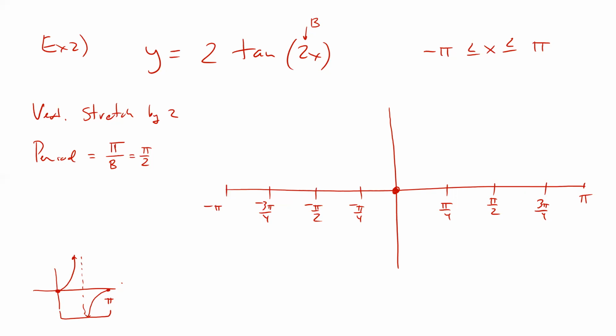That means this guy is the pi over 2 now. So it hits another 0 at pi over 2. So hold on, doesn't that mean that it also hits the other 0 at pi? Our vertical asymptote originally was at pi over 2, right? And if we scrunch it down by half, now our vertical asymptote is at pi over 4. Are we good?